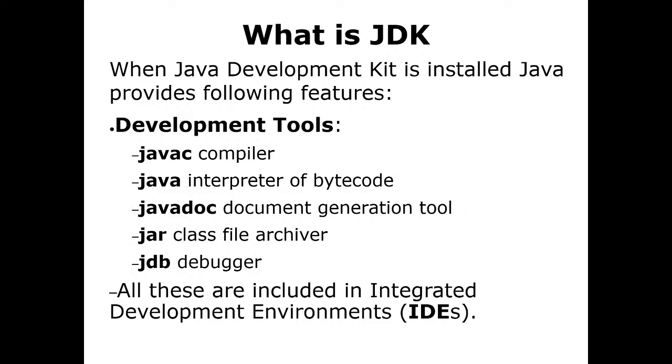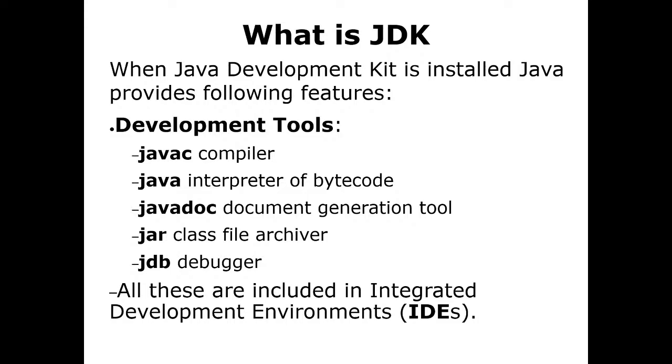And yes, let's go deeper with the Java Development Kit. It has some tools. First one, the Java compiler, then the Java interpreter of bytecode, so you can interpret the code in Java. Javadoc is a document generation tool. JAR is the type of archive used for Java classes, and the debugger.